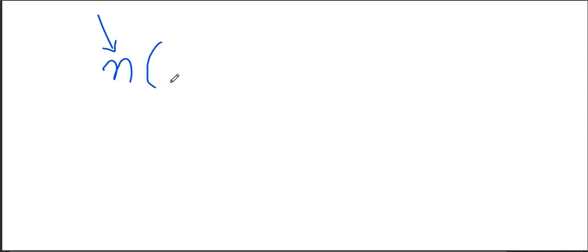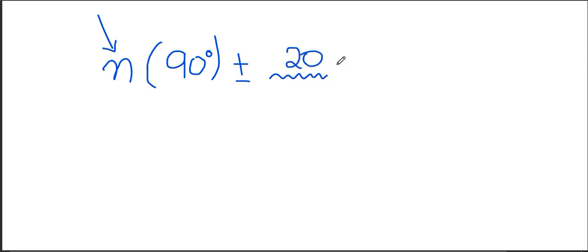Then you have to multiply it by 90 degrees, then add and subtract your asked question. Suppose the question given is theta equals 20 degrees. Now, how will I consider this question to be solved for my furtherance?